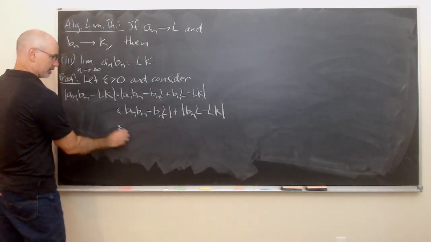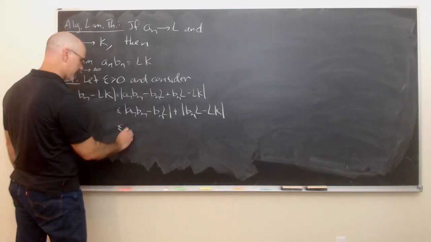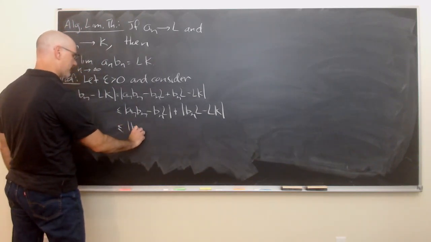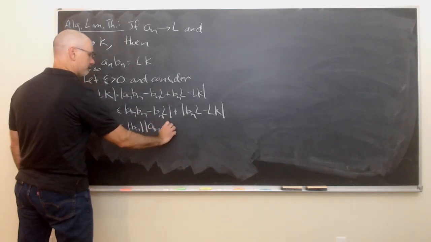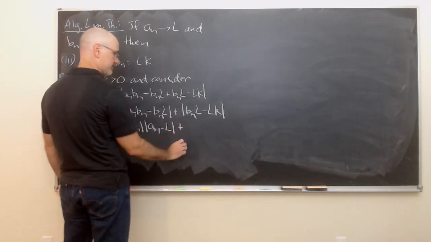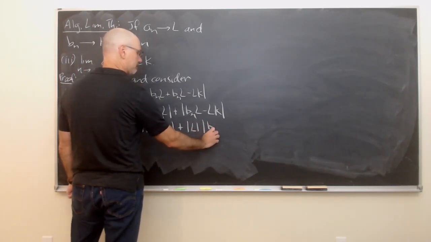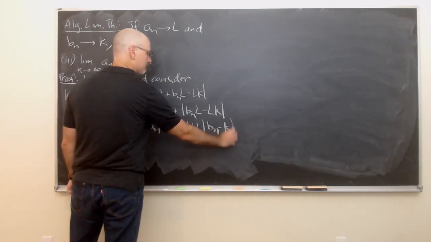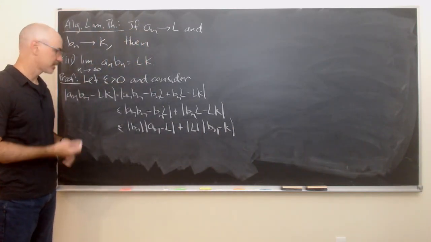And then I've got common factors in each of the two pieces. I can pull out an absolute value of Bn from the first piece, and from the second piece I can pull out an absolute value of L. And now we start to see maybe the reason for this trick.